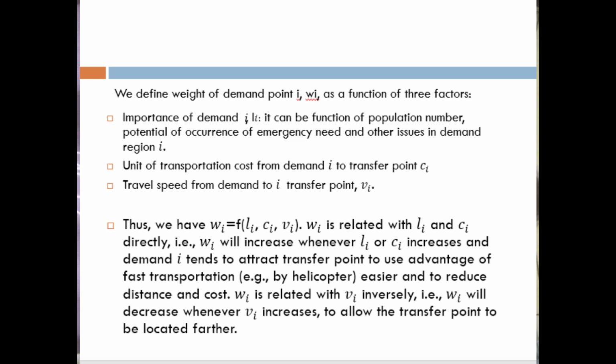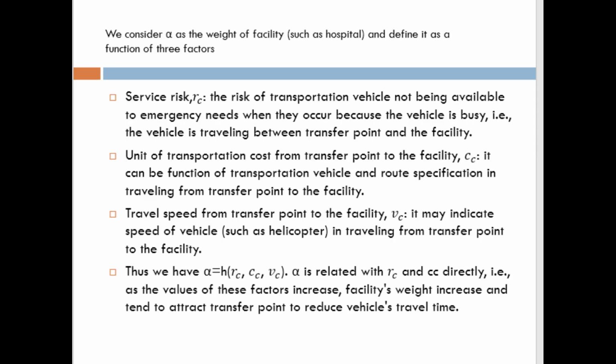We consider alpha as the weight of the facility, such as a hospital, and define it as a function of three factors. A service risk, R sub c, which is the risk of a transportation vehicle not being available to emergency needs when they occur because the vehicle is busy.